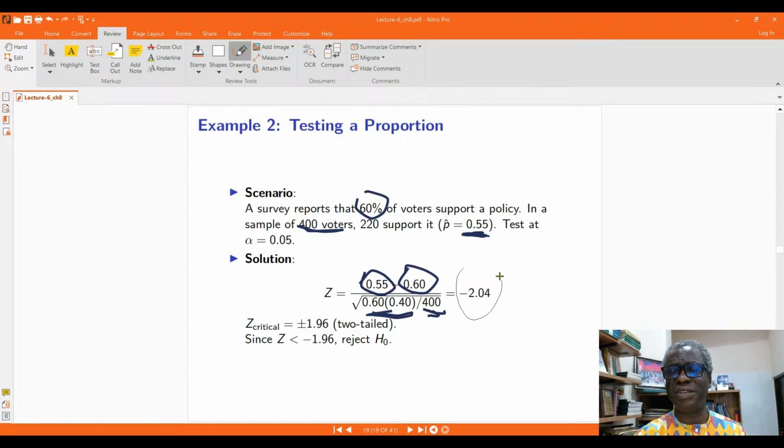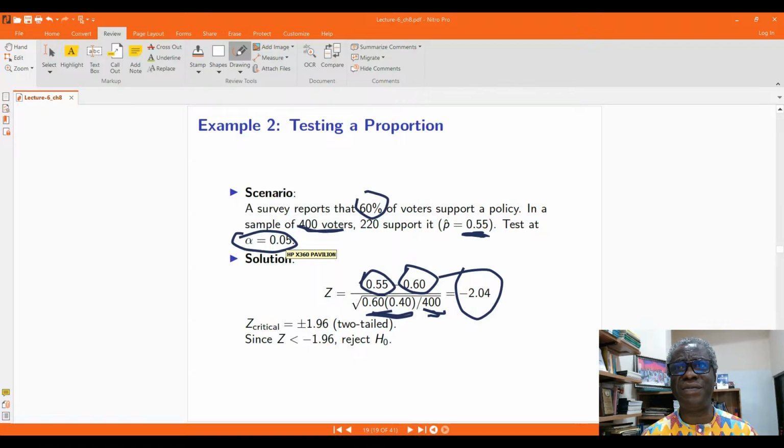So evaluating this gives you minus 2.04. Again, this is a two-tailed hypothesis. Therefore, for alpha equals 0.05, the level of significance is 0.05, and the critical value for the Z is 1.96.